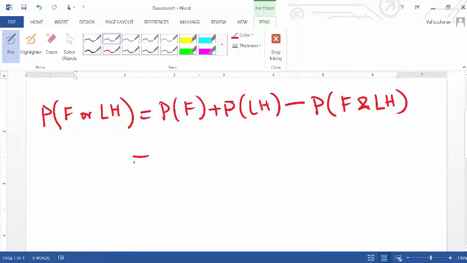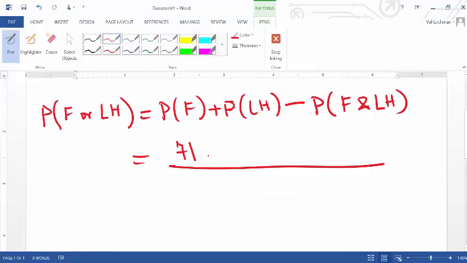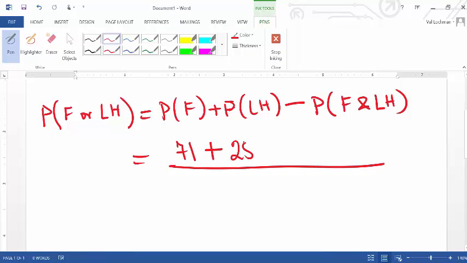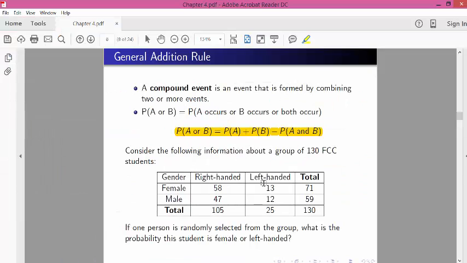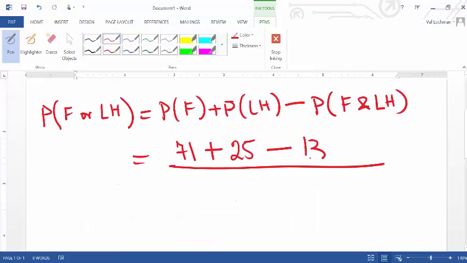Okay, so how many females are there? 71 total. How many left-handed people are there? 25. How many students are there that are both female and left-handed? 13. Okay? Minus 13. And then there's a total of 130.